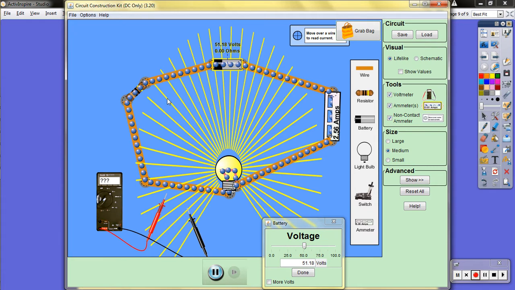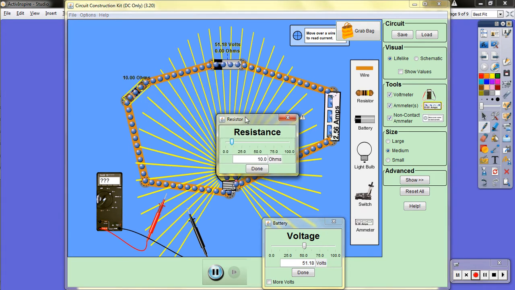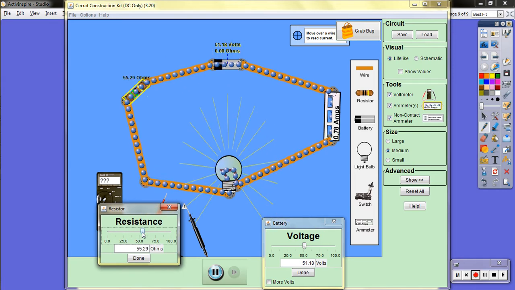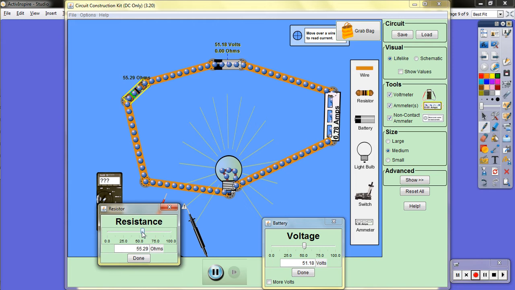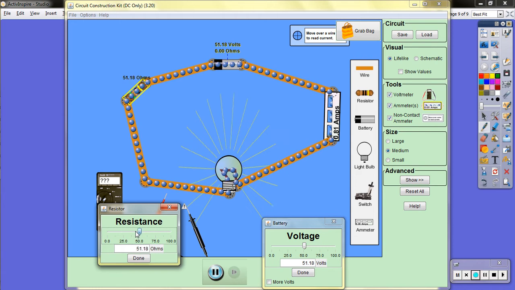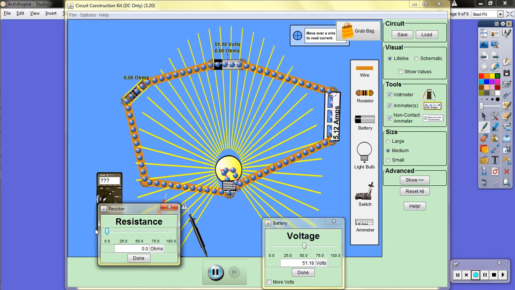Remember, before the resistor it was at like, what was it, 5 or 50? So let's mess with the resistance a bit. If I increase my resistance, the current drops a lot. Please note, voltage didn't move too much, but that's because the bulb's there. I'll show you that in a second. And if I decrease my resistance, so almost no resistance, the electrons move very quickly.